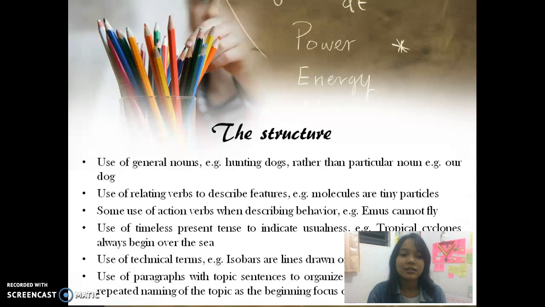And the third is the use of action verbs when describing behaviors. In the example, the action verb is fly, because you want to describe something. The next is the use of timeless present tense to indicate usualness. For example, tropical cyclones always begin over the sea.